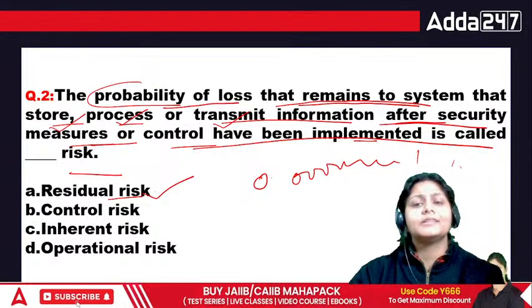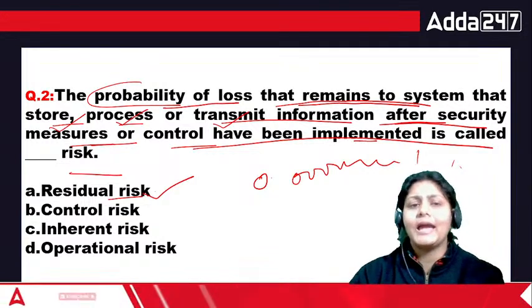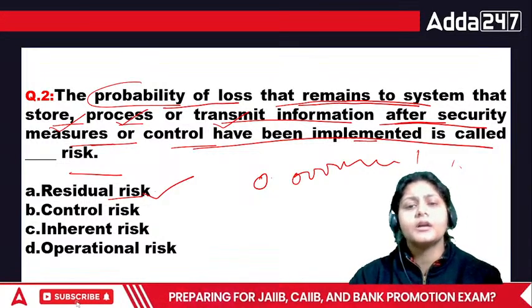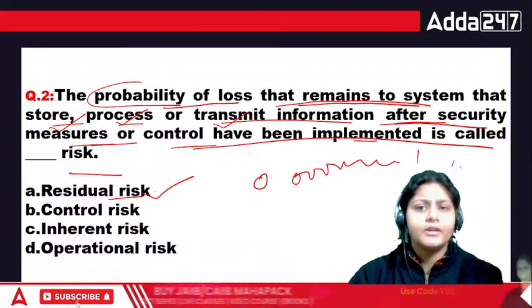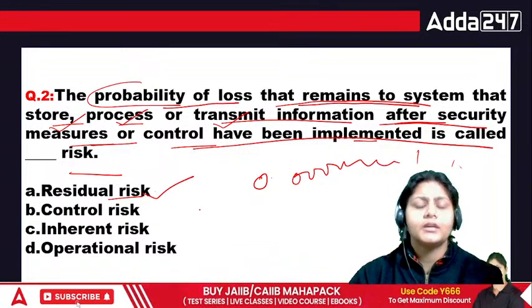That always remains with the system and it is beyond our control. That is what we call a residual risk. So here the option is A.